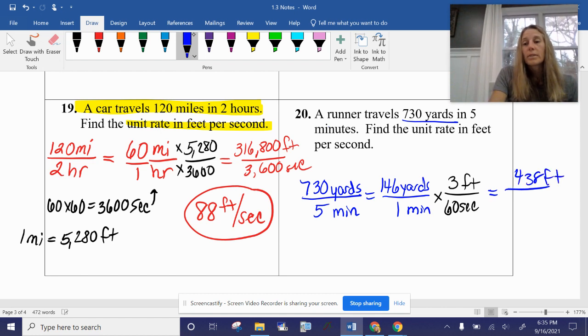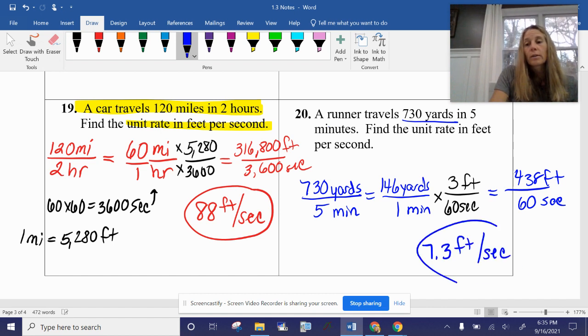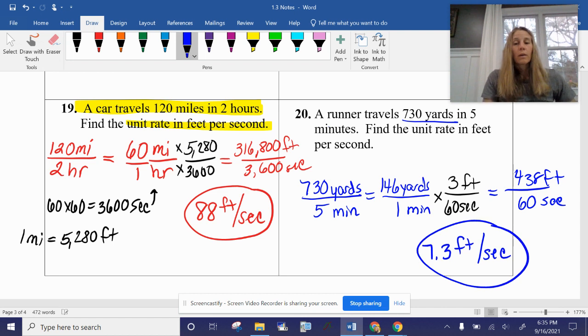And then 1 minute times 60. Oh, wait, 60 seconds. Yeah. And now we can divide that and get the unit rate, which is 7.3 feet per second. And that's it. I'll see you guys for the next lesson.